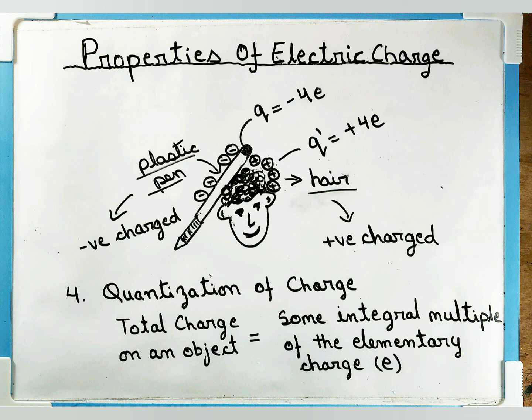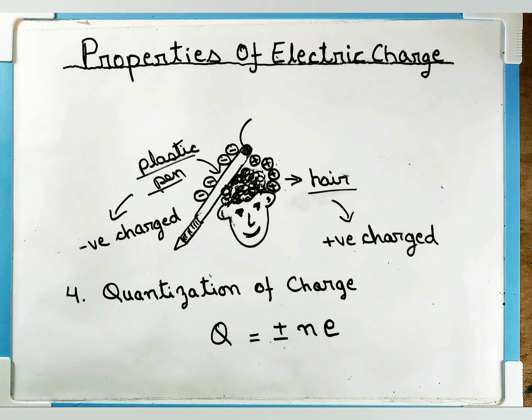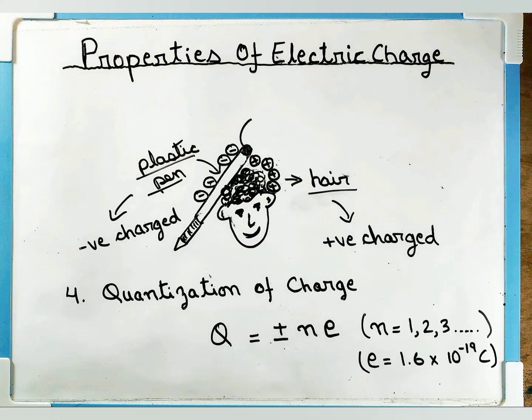And the mathematical formula is Q is equal to plus or minus n e. This n is an integer, and it is equal to 1, 2, 3, 4, 5, 6, like that. And e is the elementary charge, equal to 1.6 into 10 to the power minus 19 coulomb.